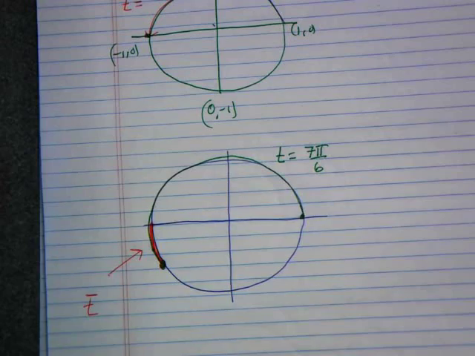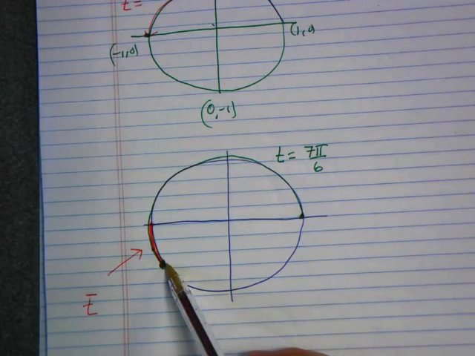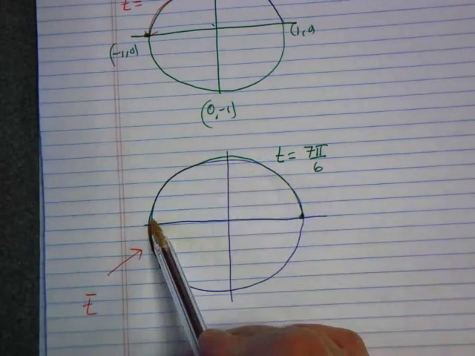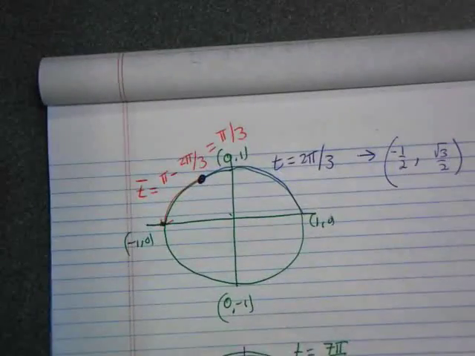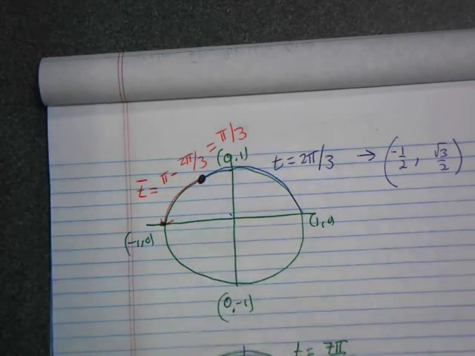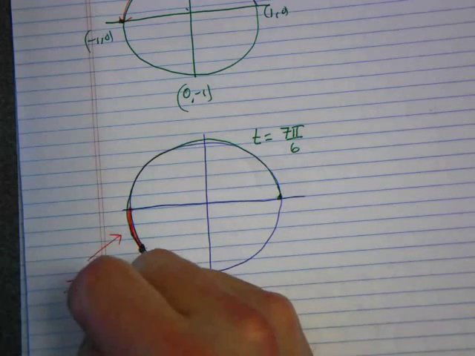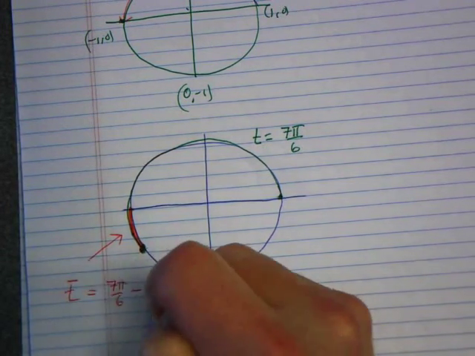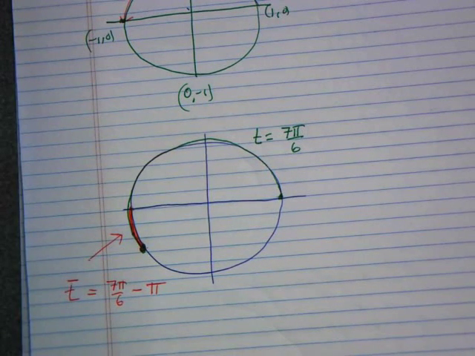So if I'm in quadrant 3, I take the original and then I subtract pi. So notice the difference. When we were in quadrant 2, we took pi minus the original angle. When we're in quadrant 3, we take the original angle, 7 pi over 6, and subtract pi.